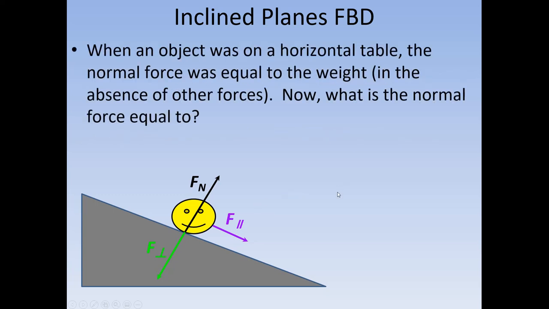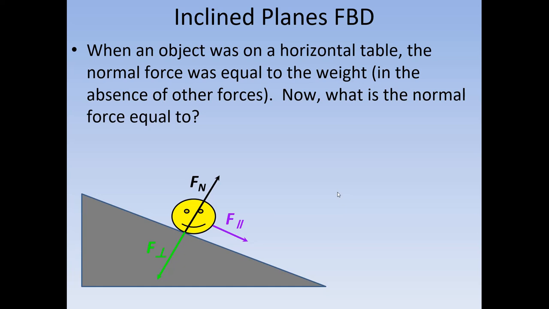All right. Now, normally when we have an object on a flat table, the normal force in the absence of any other forces acting vertically would be equal to the weight pulling down, because the normal force acts essentially as a balancing force in a lot of the cases that we've been doing. The same thing happens here.